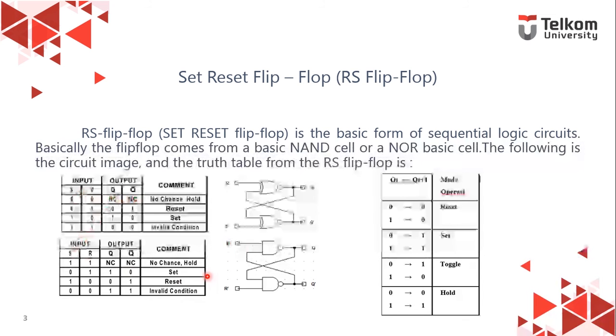And in NAND, if S and R are 0 and 0, the output will be invalid. And in XNOR, if S and R have a 1 1 value, the output will be invalid. Different from NAND. In NAND, if S and R have a 1 1 value, there will be no change in the input, so the output will be the same as the input.